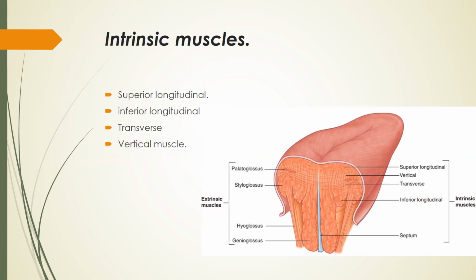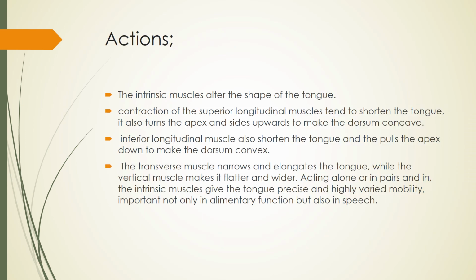After the extrinsic muscles, now intrinsic muscles. Intrinsic muscles are superior and inferior longitudinal muscles, and transverse and vertical muscles. The intrinsic muscles alter the shape of the tongue.